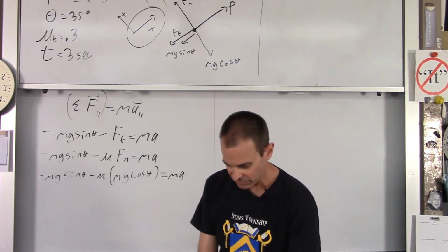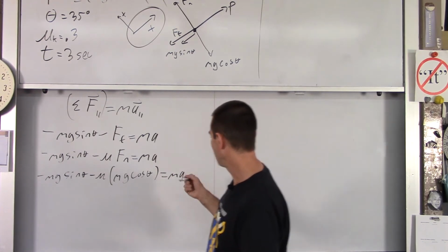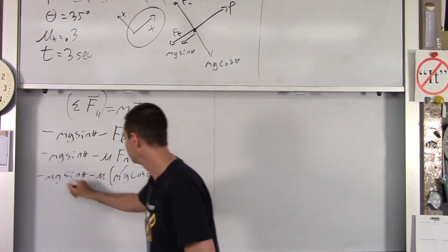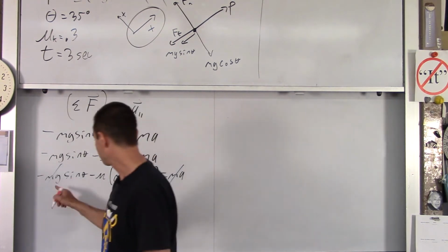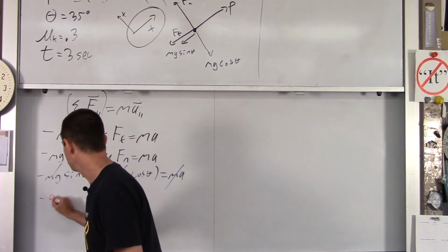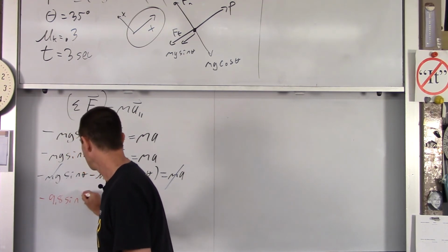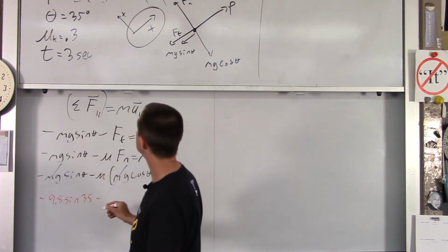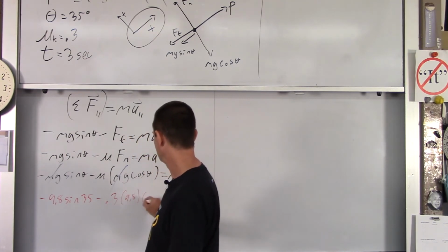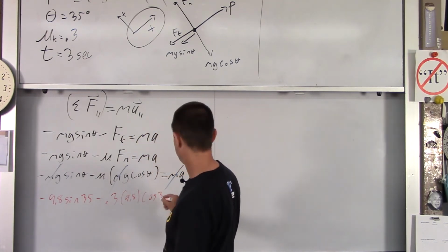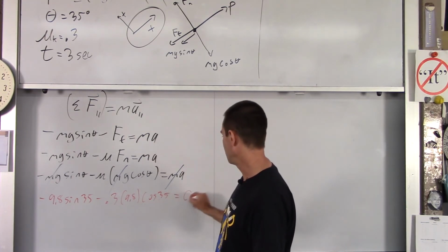At this point, now that you've got an m in every term, you are allowed to cancel it. There it goes, okay? And you got numbers for everything else, so you got negative 9.8 sine of 35 minus mu, which was 0.3, times 9.8 cosine of 35 equals a.